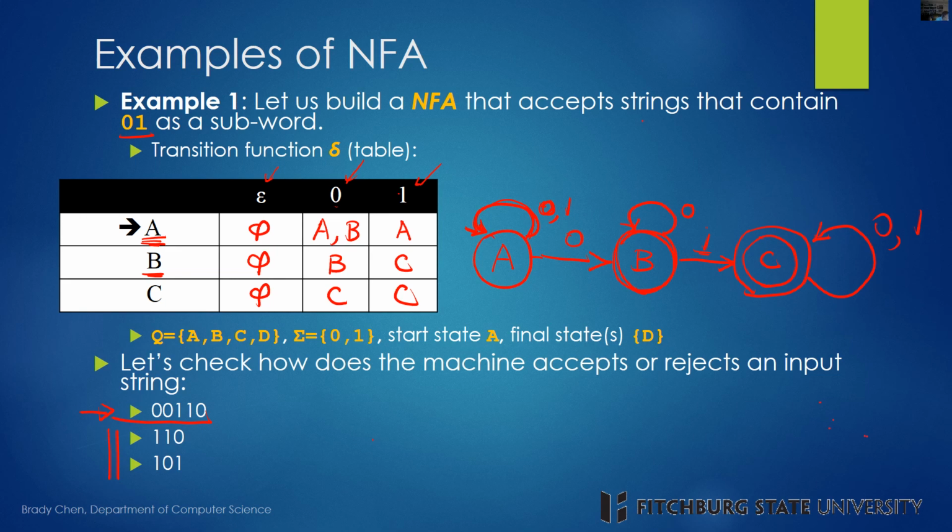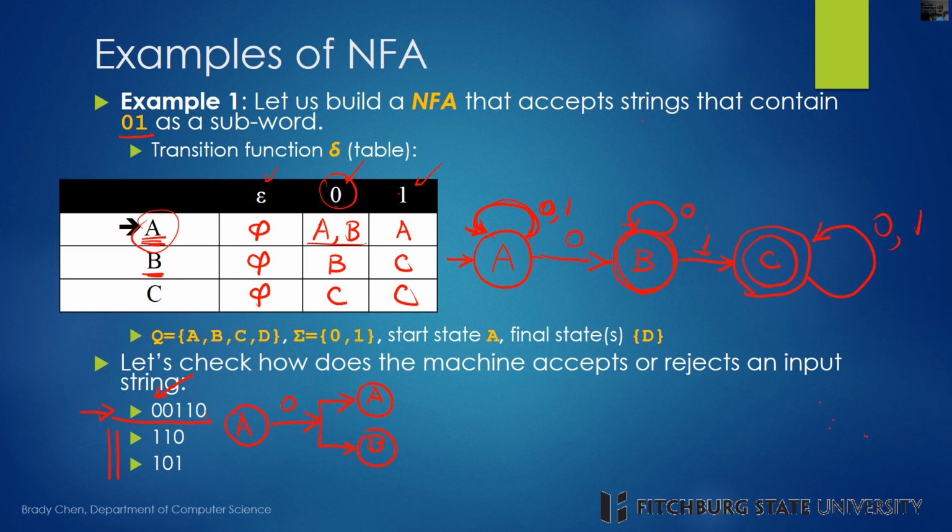Okay. Let's say the start state is A. Now what's the first input? 0, right? So with A and 0, there are two possible destinations. A stays in A or goes to B. Right?